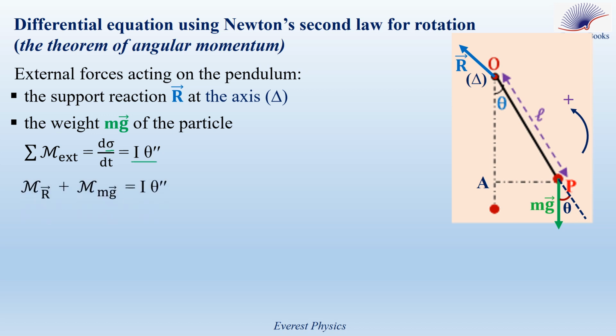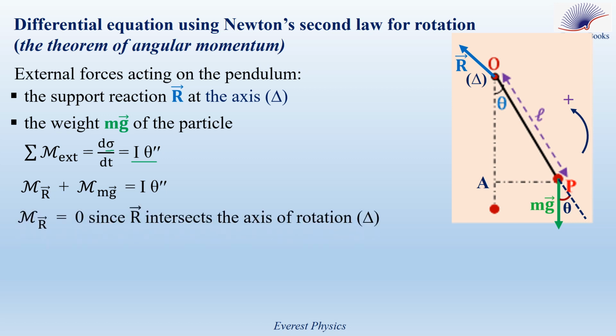So this is going to be moment of R plus moment of mg is equal to I theta double prime. Now, we need to determine the expressions of the moment of R and the moment of mg. Let's start with R. As you see in the figure, R intersects the axis of rotation, and so its moment about this axis is 0.